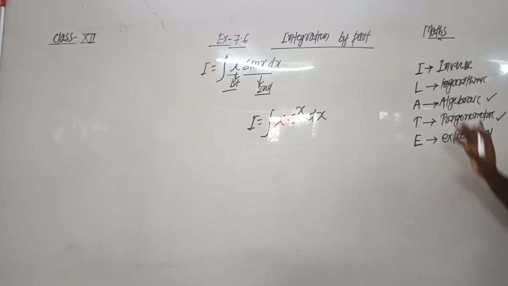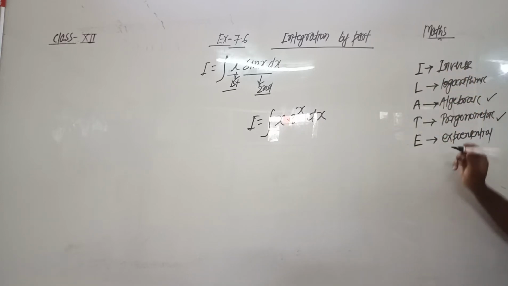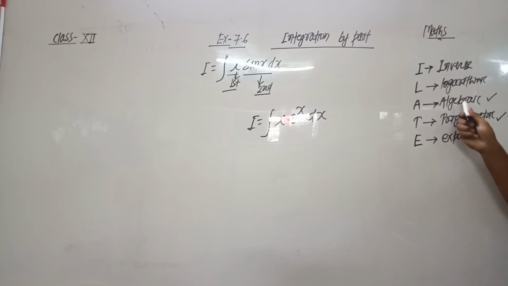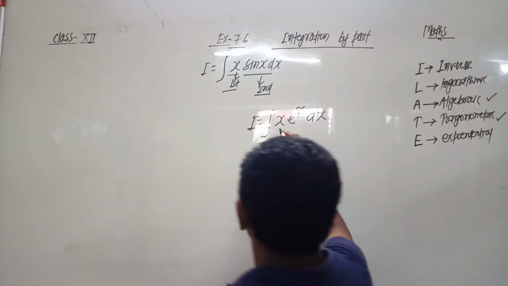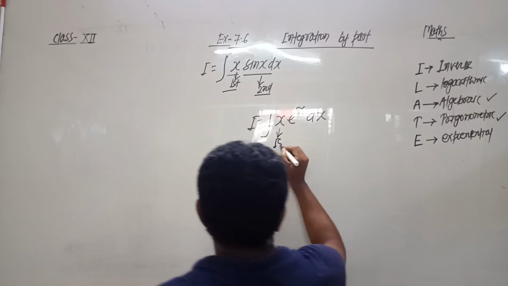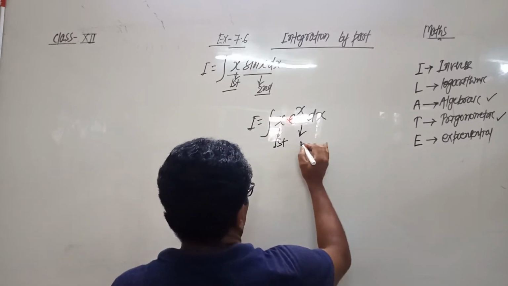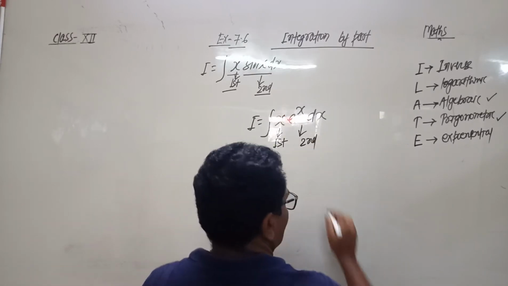So observe which comes first. From algebraic and exponential, algebraic comes in the series first. So the algebraic function would be taken as the first function and the exponential function would be taken as the second function.